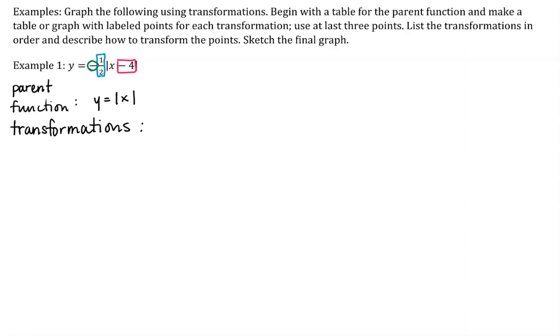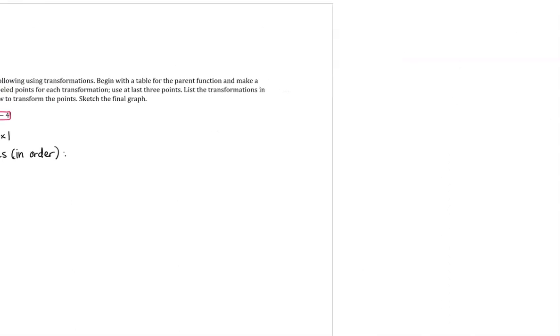Now the first thing that I want to discuss is that we are going to list the transformations, but we are going to list them in order. I say that because let's say that I tell you you have transformations of going up 4 and then reflecting over the x-axis. Okay.